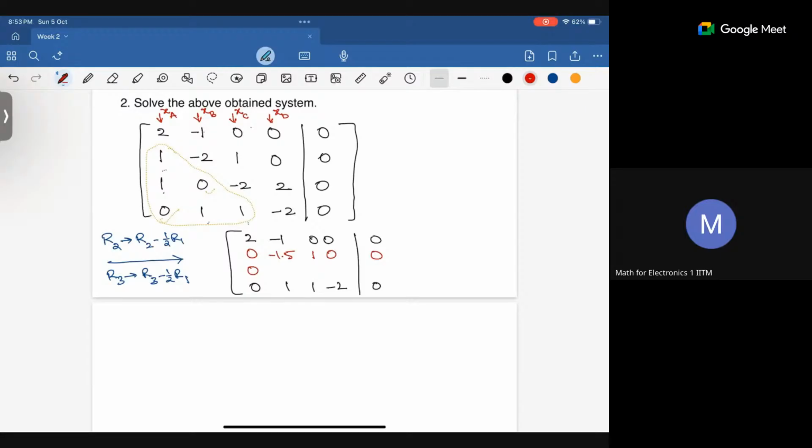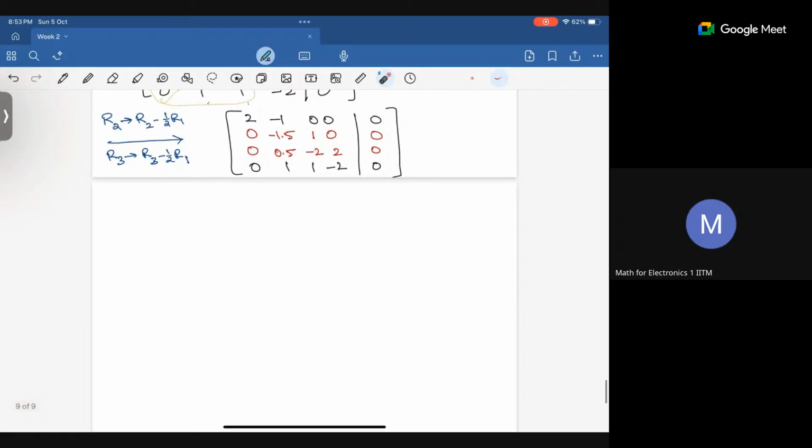Now 0 minus of minus half, which is 0 plus half, it will just be half, which is 0.5. And minus 2, 2, 0. Right, so we made these zeros. Now we have to make these zeros and then this 0. So in order to make this 0, we can just simply multiply 2 to this and then subtract.